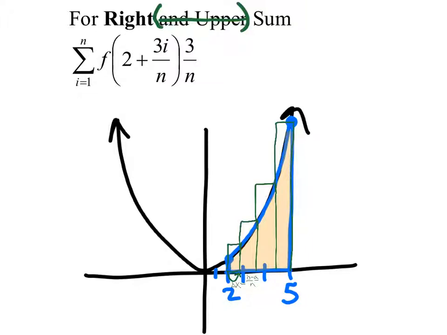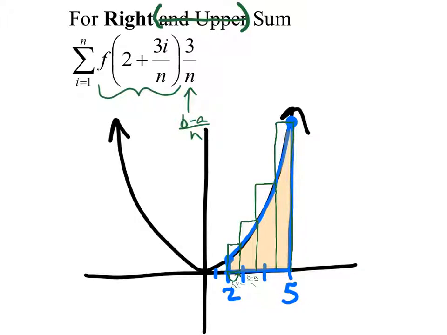Notice here, this is the challenging part, okay? This is that b minus a over n. This right here is the height of the rectangle. So I have to make sure I have my starting point plus delta x times i.